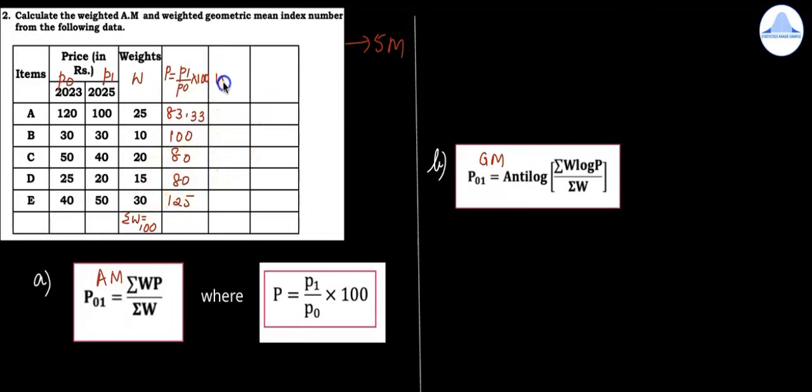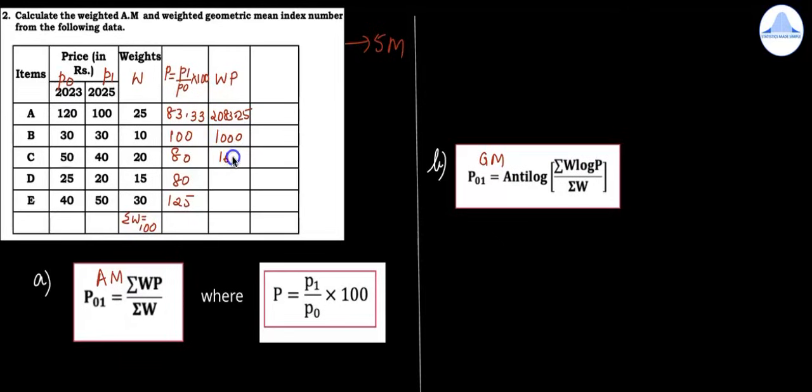Next we need WP. So WP will be 25 into 83.33, which is 2083.25. The next one is 1000.